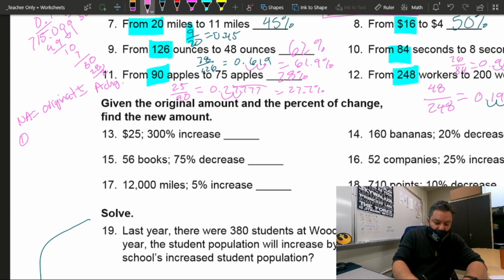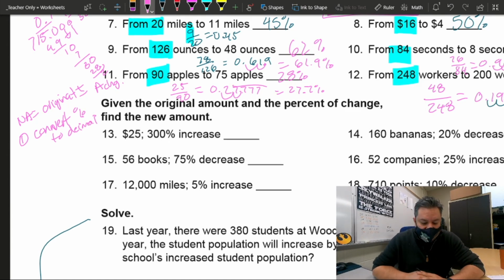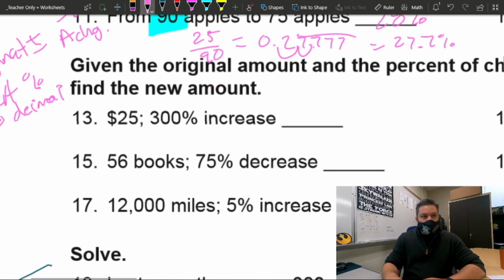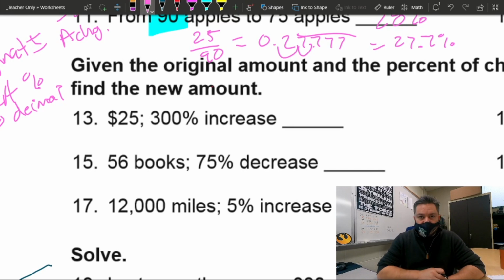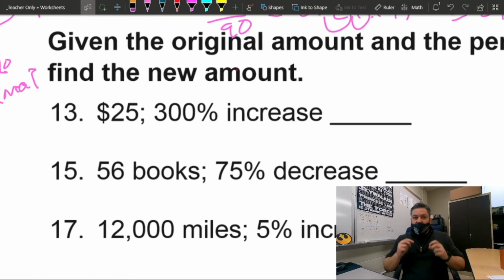Step 1, convert percent to decimal. All right, convert percent to decimal, then multiply. So, number 13. But mister, it's a 3-digit percent. It's okay. We have what is referred to as a whole number.